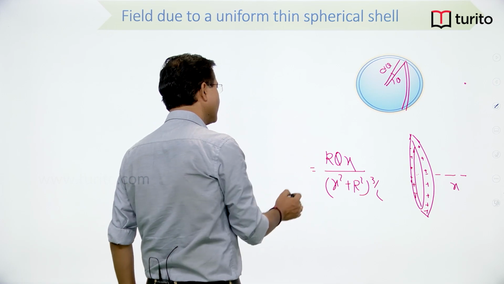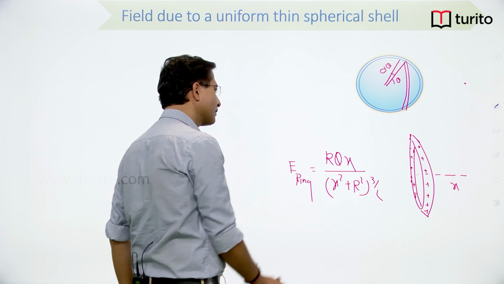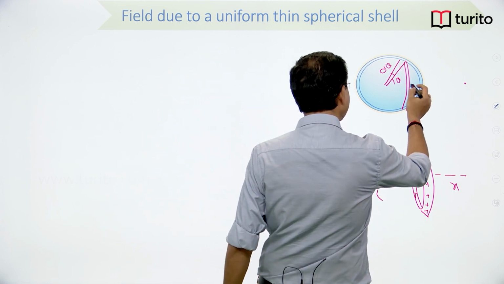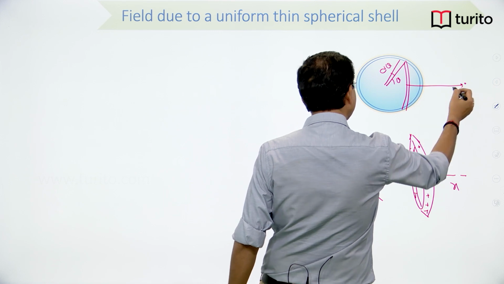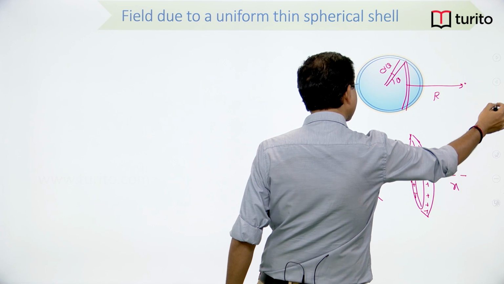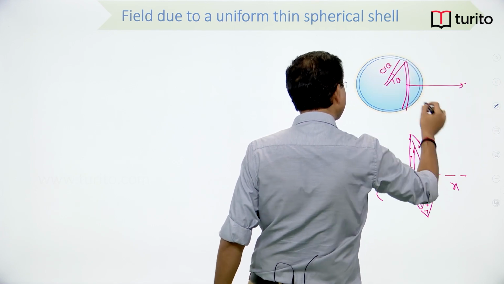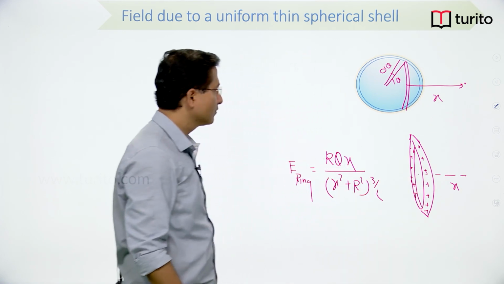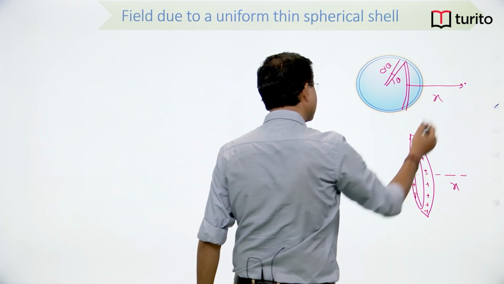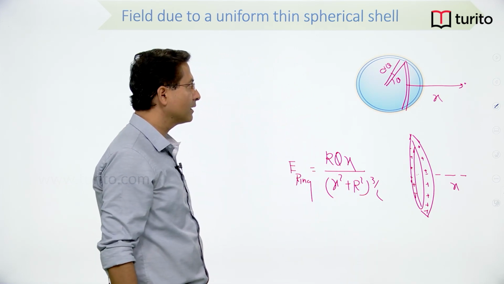This is the field by the ring. Now if from here this distance I am assuming x, then I will write x here, right.